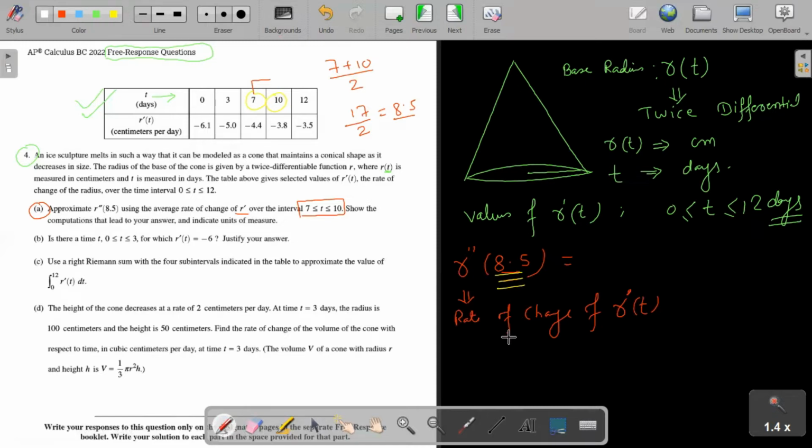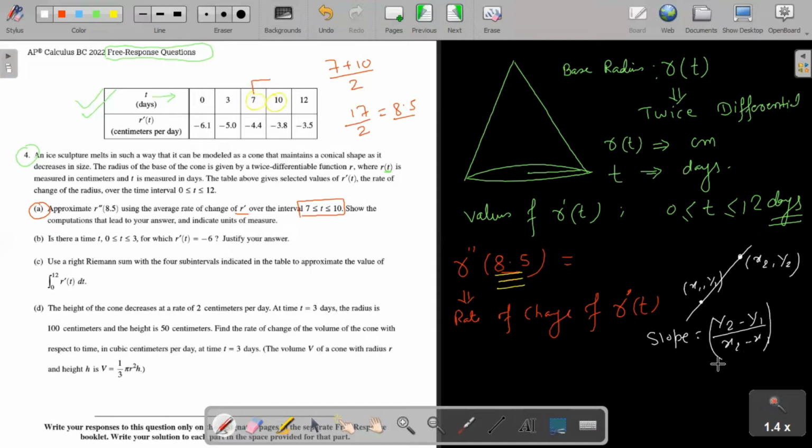You know what the rate of change is? It is just like how we find the differentiation of any function. Geometrically, we find the slope. And how can we find the slope? If there is a line having a point x2, y2, and another point x1, y1, slope is basically y2 minus y1 upon x2 minus x1.